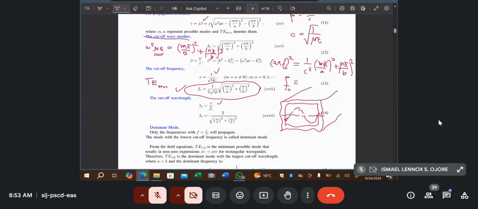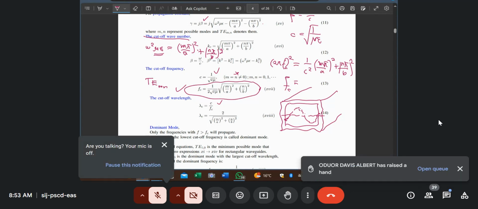We know we can't have M and N both equal to 0, because everything else will be 0. But M and N can be 0, 1, 2, 3, any integer. So we can compute different cutoff frequencies for different modes, so fc for TE01, and so on for M, N.